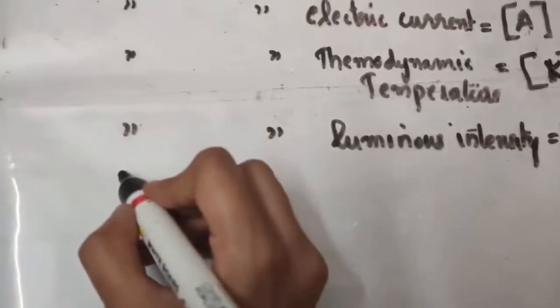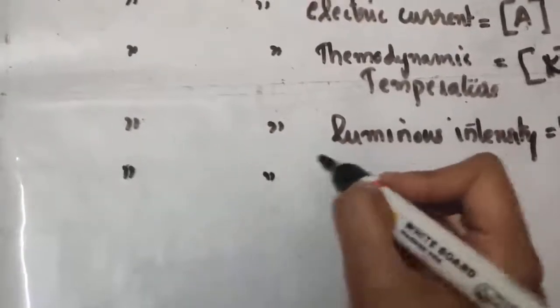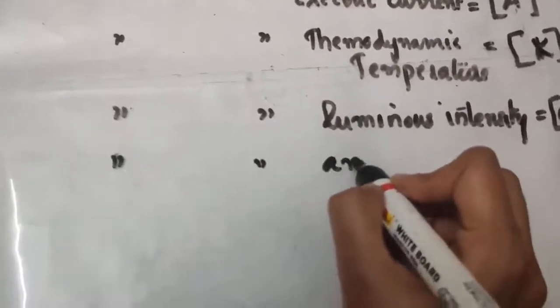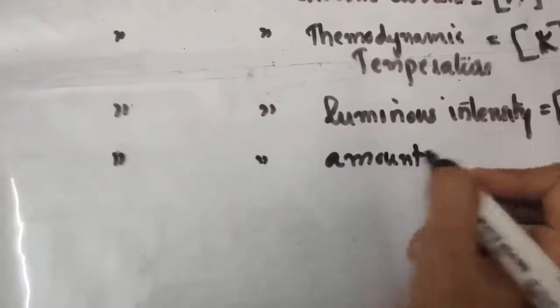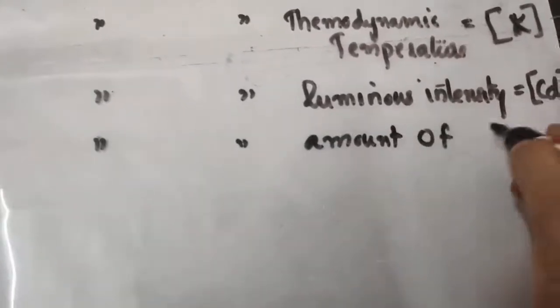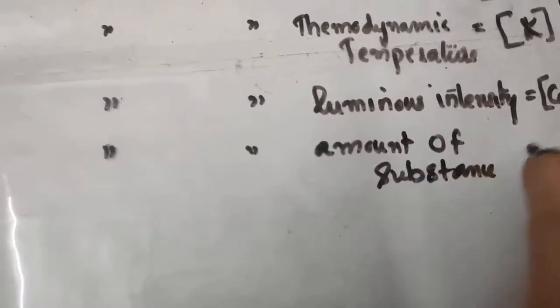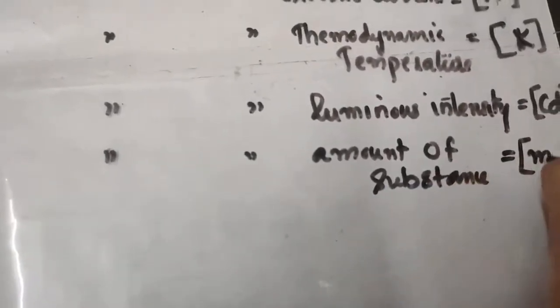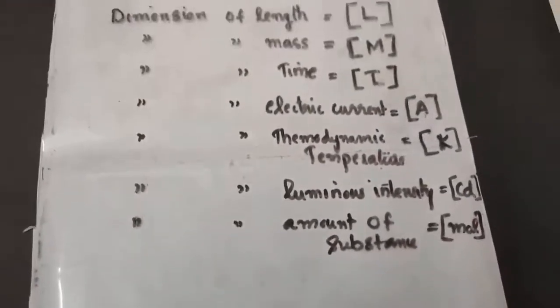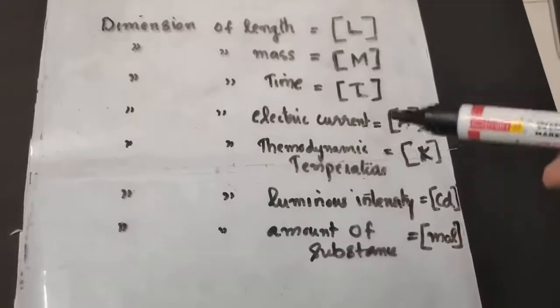Then the last one is the dimension of amount of substance. Its dimension is square bracket mole. So this is about the dimension of the seven fundamental quantities.